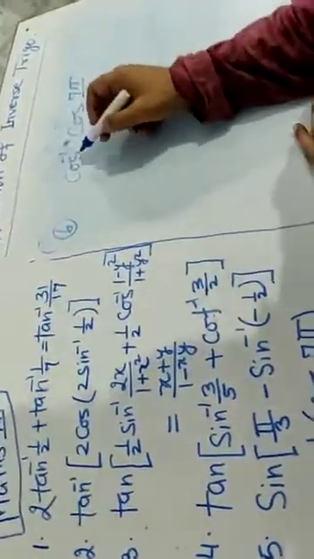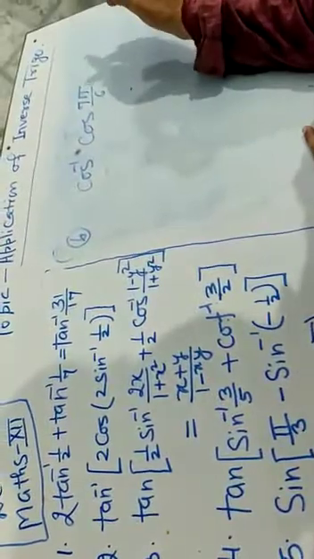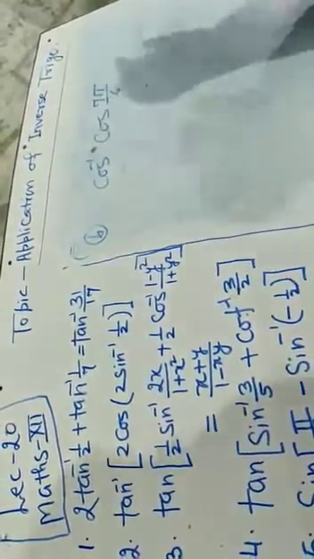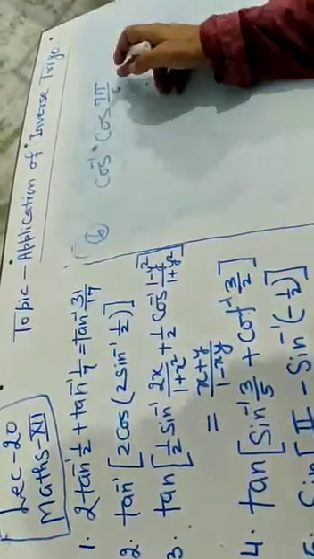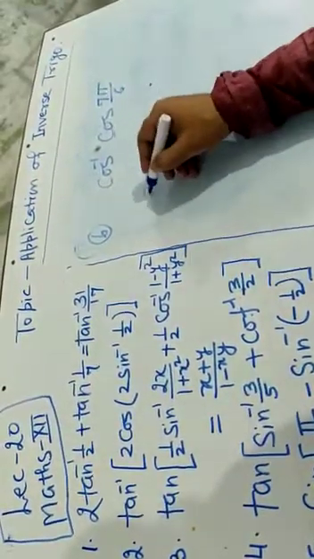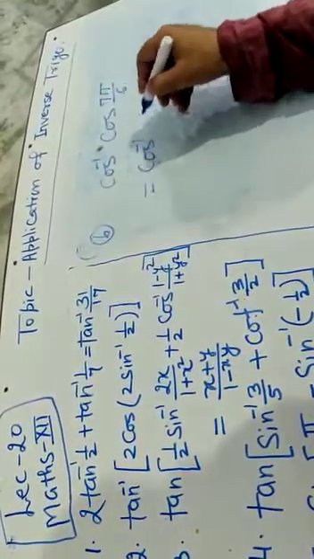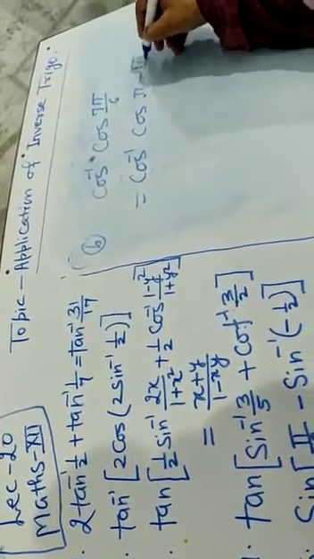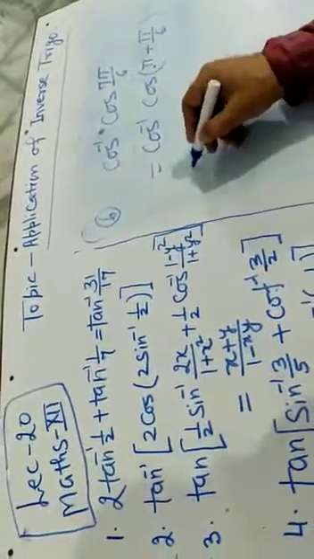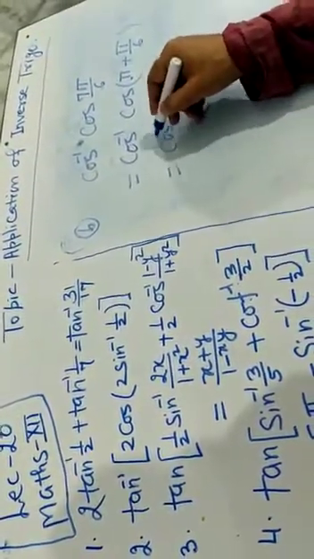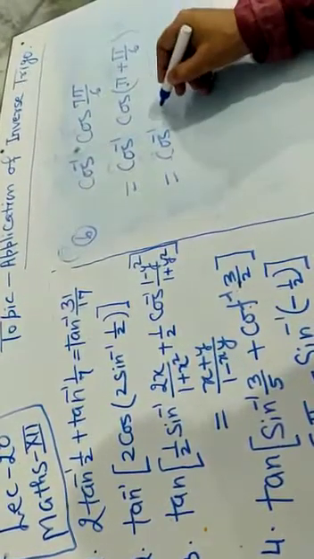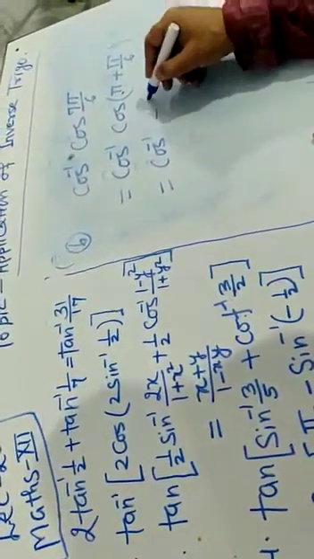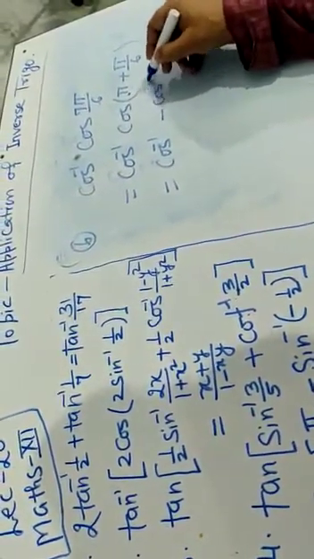Anyone can simply write the answer as 7 pi by 6, but it is not in the principal value range, so you first change it. Cos inverse cos of pi plus pi by 6. This comes under the third quadrant, so it is minus cos pi by 6.